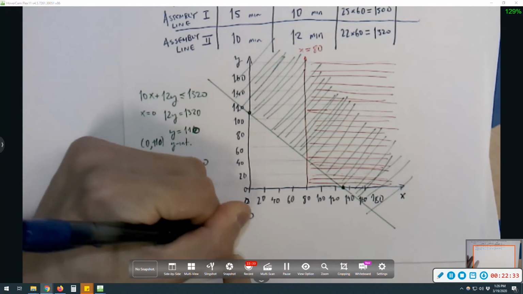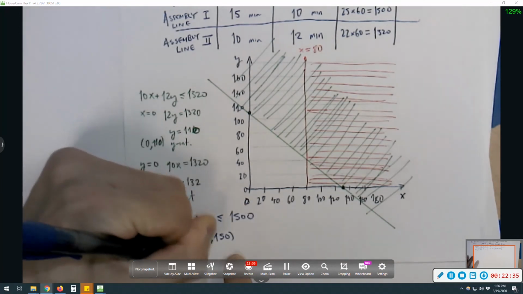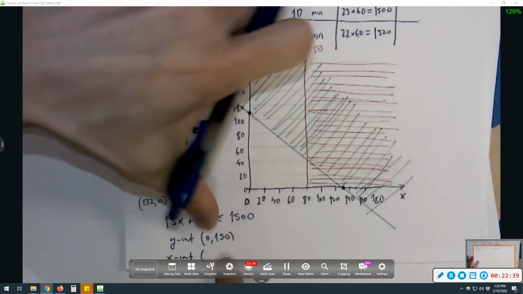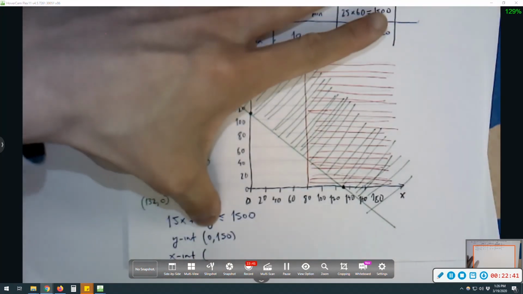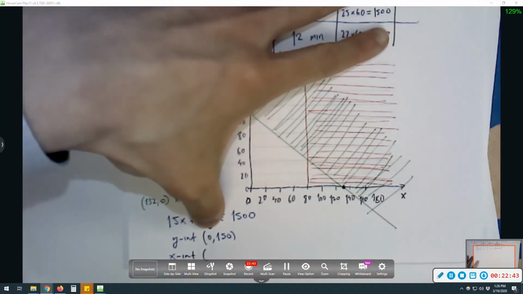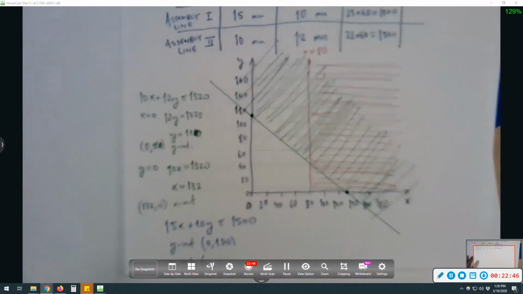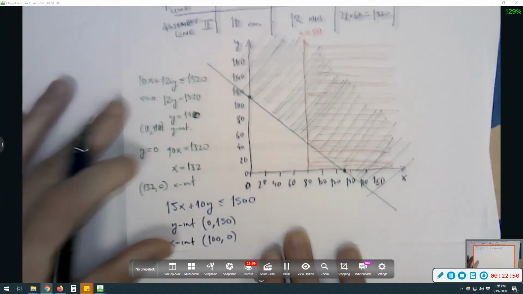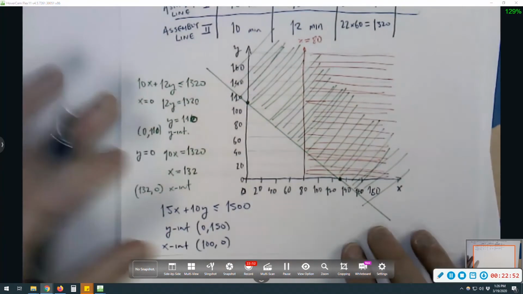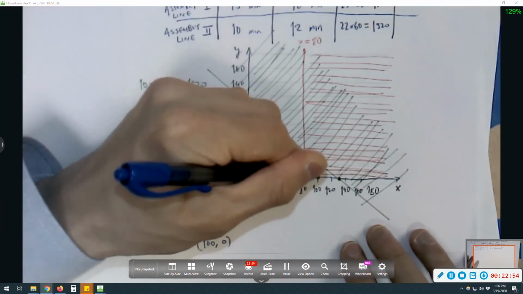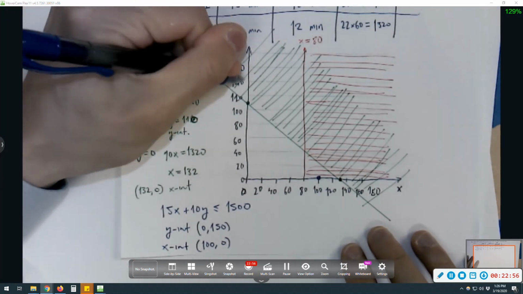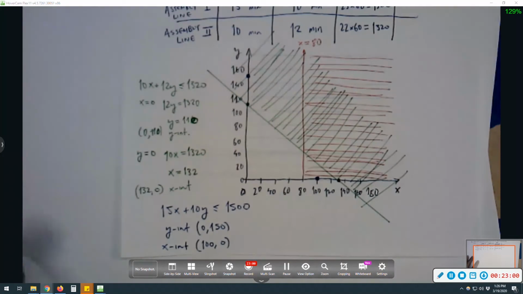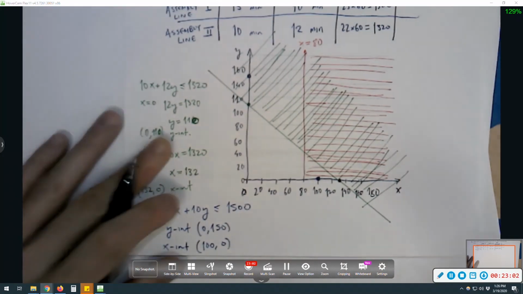The x-intercept is also not too bad. y is 0, so 15x equals 1500, and then you just get 100. So that one's not too bad. It's on the tick marks here, and what we will get is something like this. Okay, so we'll draw the picture now.